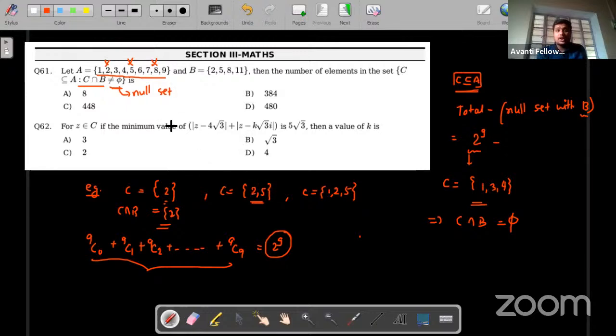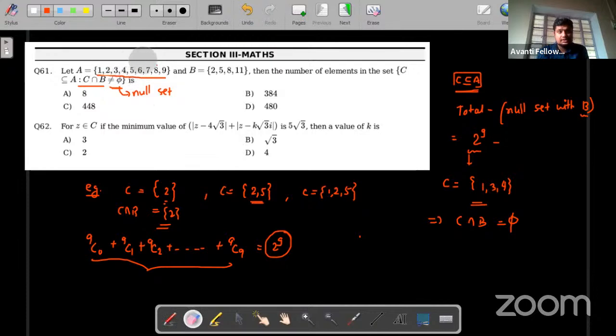So how many elements can I take? I can take 3 elements such that the intersection with B should be a null set, right or not?